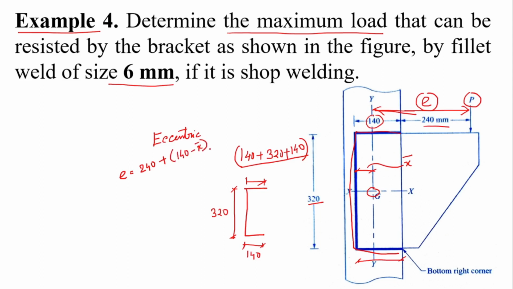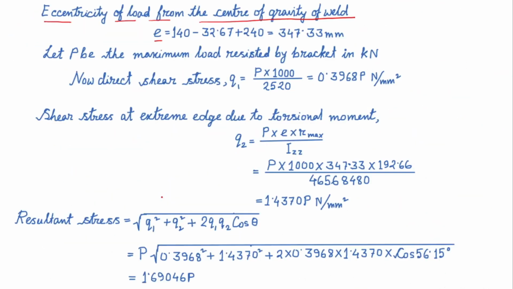What is the value of x bar? 32.67. So this is the value of E, and eccentricity comes out as 347.33 mm.